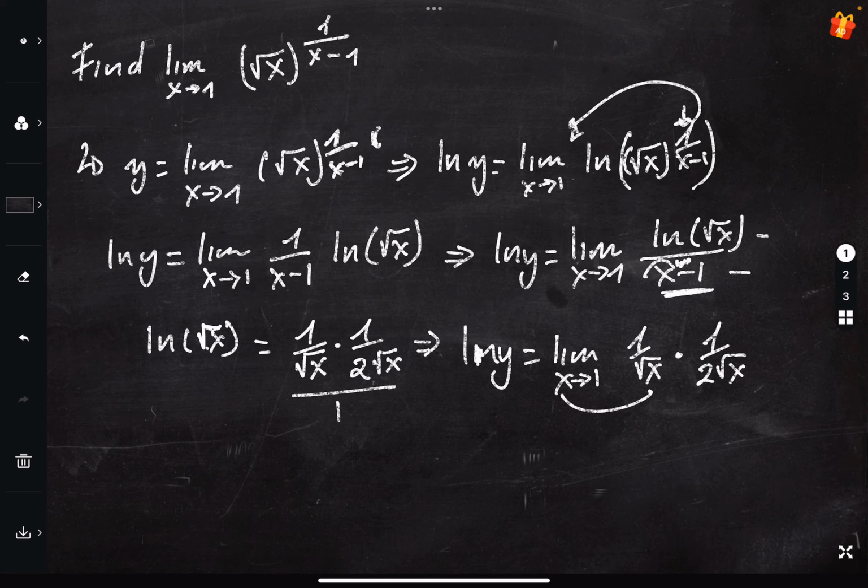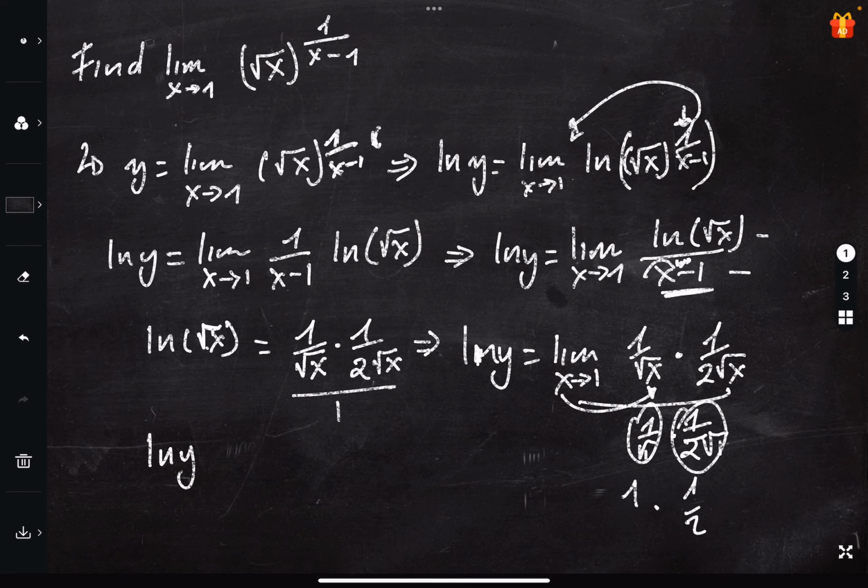If I put 1 here, I end up with 1 over square root of 1, and if I put 1 on this side, I end up with 1 over 2 square root of 1. Square root of 1 is 1, so this will become 1, and this will become 1/2. So 1/2 times 1 gives me 1/2. So then my answer is natural log of y is equal to 1 over 2.